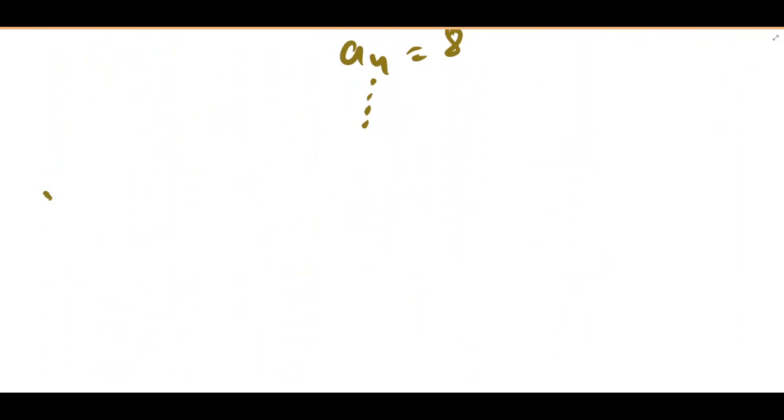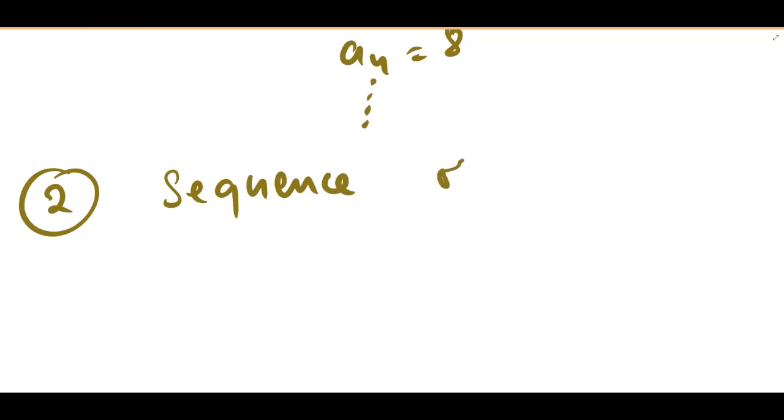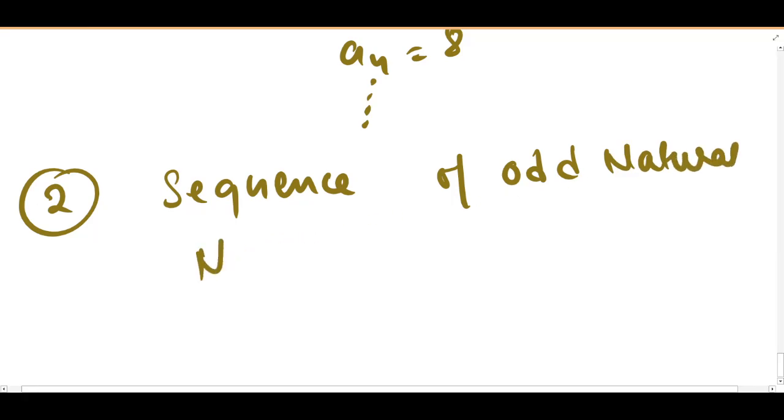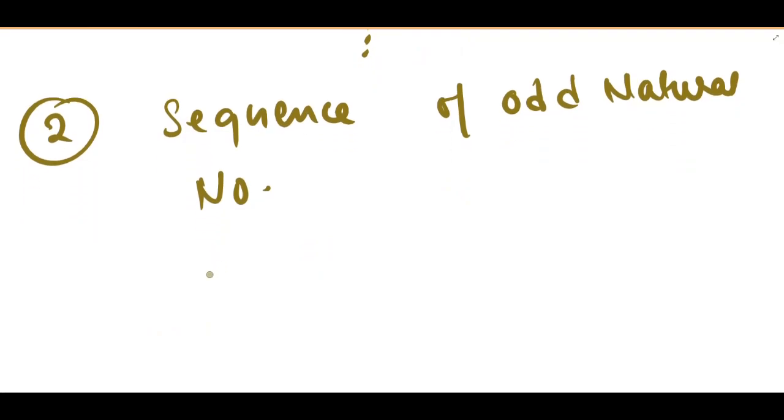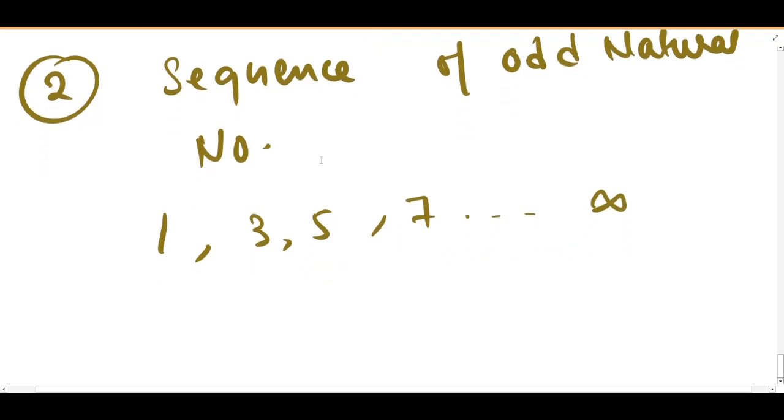So second is the sequence of odd natural numbers, that is 1, 3, 5, 7, and it will go up to infinity.